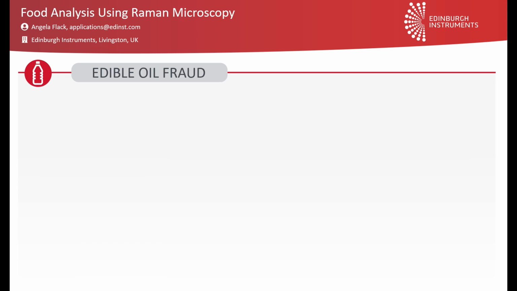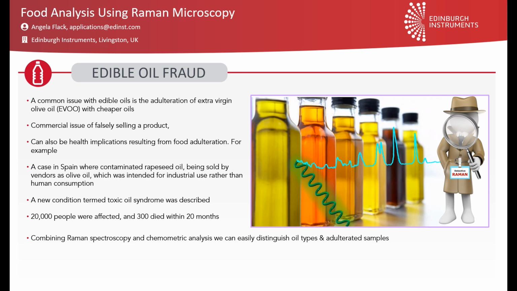As well as detecting harmful materials, another issue in the food and drinks industry is fraud. We'll talk about edible oil fraud in this example. One issue we see is the adulteration of high-quality oils with cheaper ones, such as extra virgin olive oil with rapeseed oil.